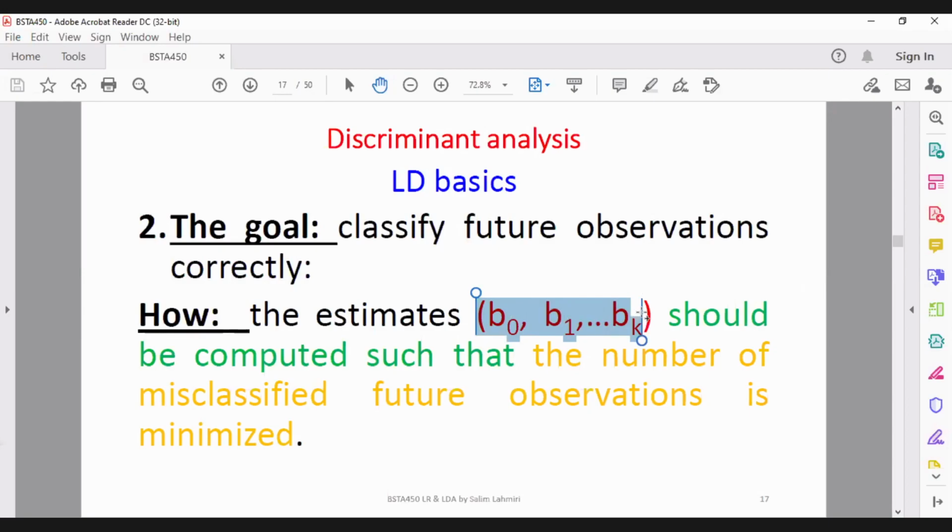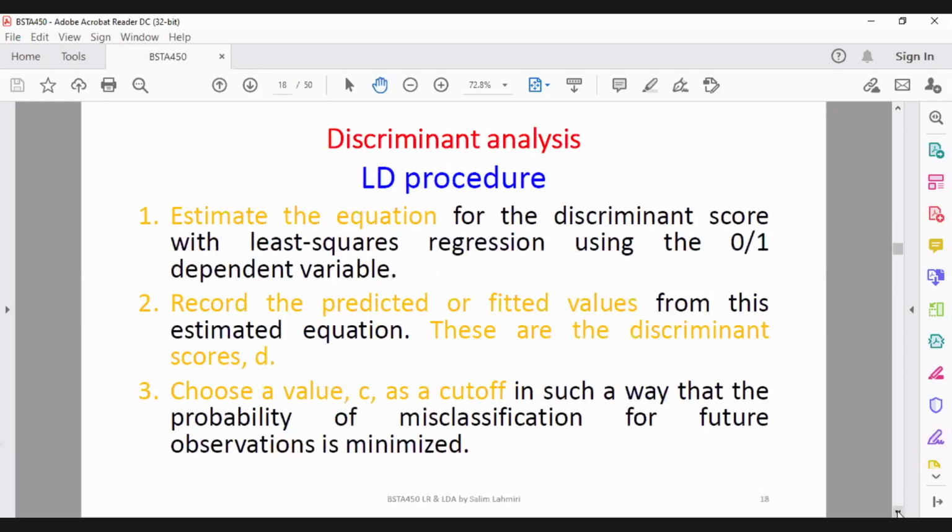But under discriminant analysis, we seek to minimize the misclassification rates.